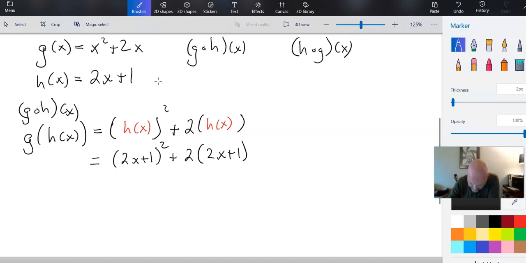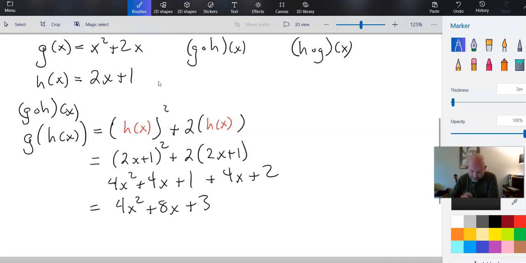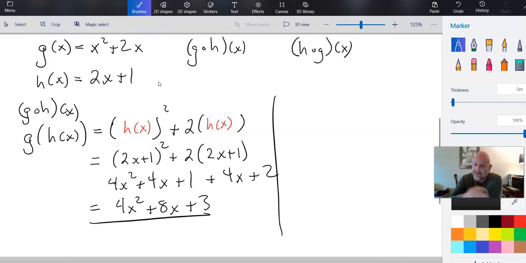If I go ahead and square this out, that's going to give me 4x squared plus 4x plus 1, and then distributing this gives me plus 4x plus 2, and I would just collect my like terms to get 4x squared plus 8x plus 3, right? Okay, so that's the first one. So that wasn't too bad, but we did have to do a little bit of other algebra to figure out what the simplification looked like.